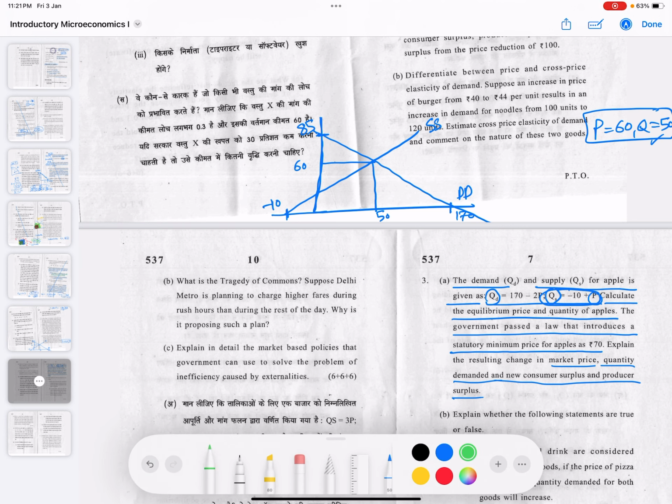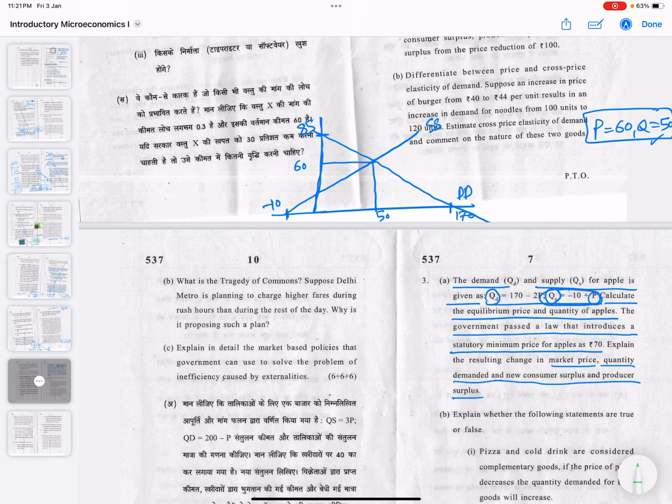Now the government has imposed a minimum price of 70, so this is the price level 70. What we are supposed to find is the resulting change in market price. So at price 70, this is the quantity demanded, this is the quantity supplied.